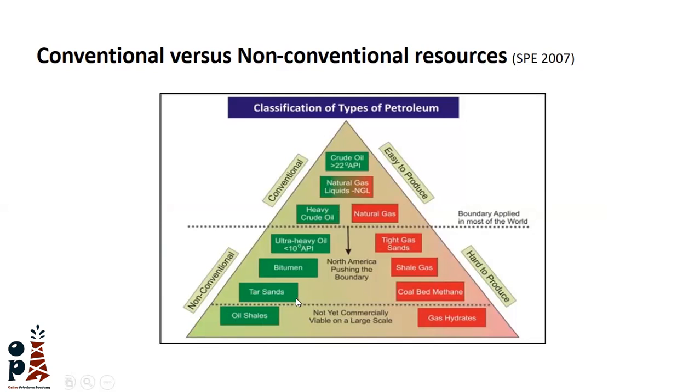And we also have tar sand, coal bed methane, shale gas, bitumen, ultra heavy oil, which has API less than 10, and tight gas sand. All these are non-conventional, which is hard to produce and has a high cost to extract. Conventional resources include heavy crude oil, natural gas, NGL and light oil, which has API greater than 22, and they are easy to produce, and the cost to extract them is low.